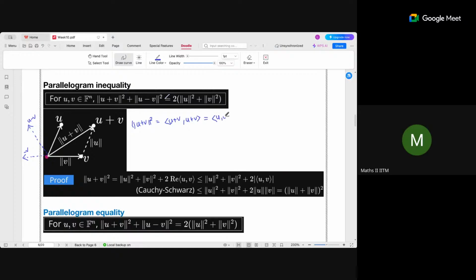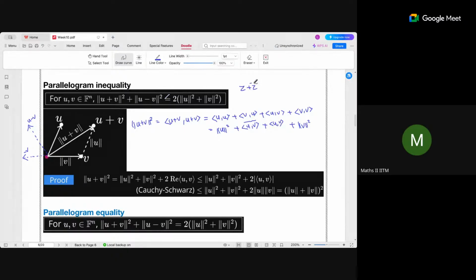So when we split this, it's inner product u comma u plus inner product u comma v plus inner product v comma u plus inner product v comma v, right? Now this is norm u square, this is norm v square. Now what is this? We don't have any perpendicularity condition.